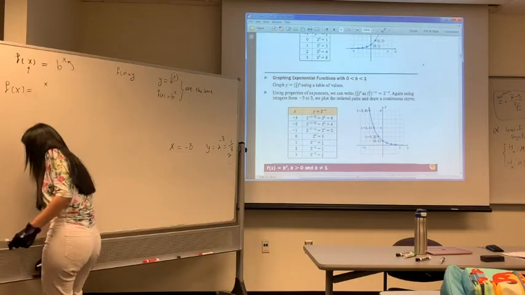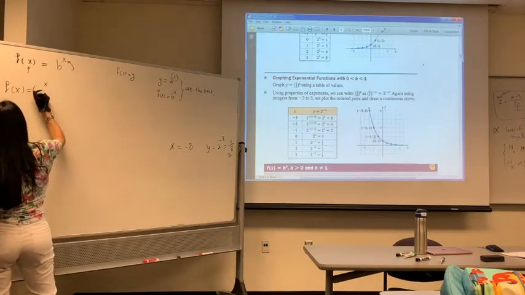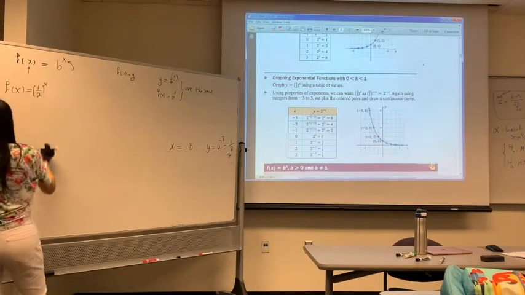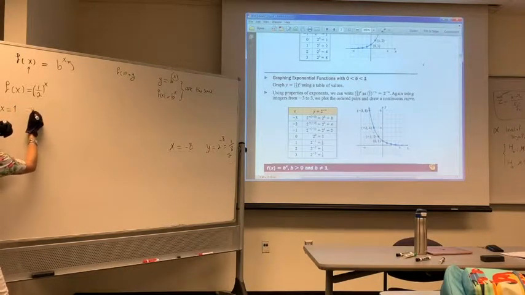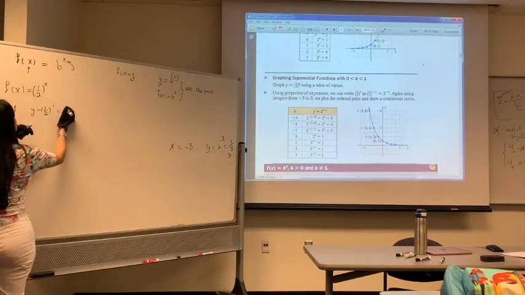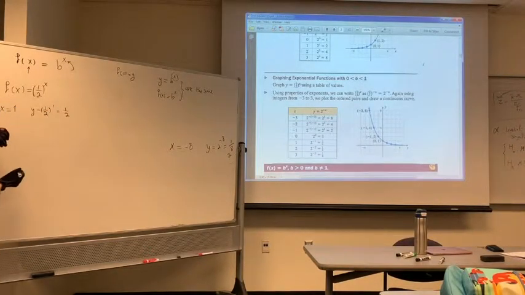so let's see what happens when we have 1 over 2. We want to try this for different x values, find order pairs first, right? So we'll start with x equal 1, y is 1 over 2 power 1, which is 1 over 2. Are you just inputting in a random x? Yes.